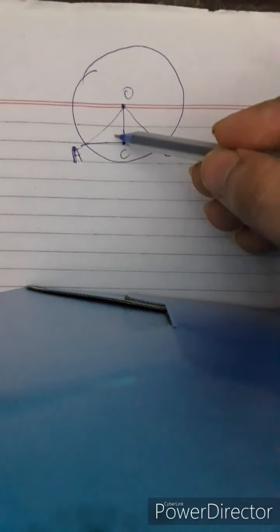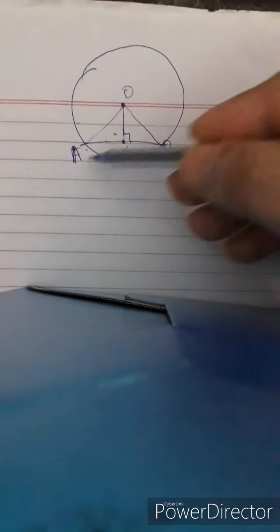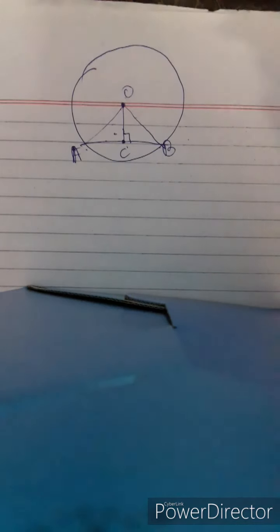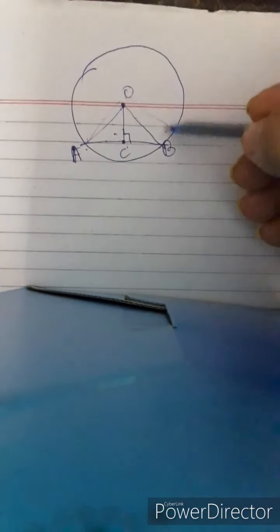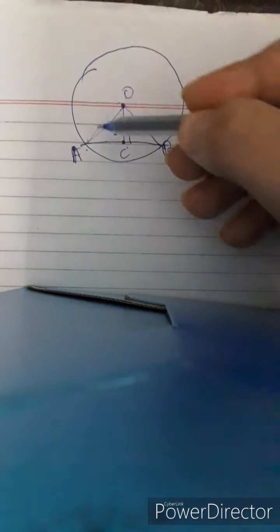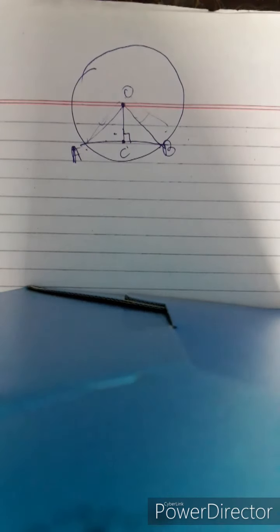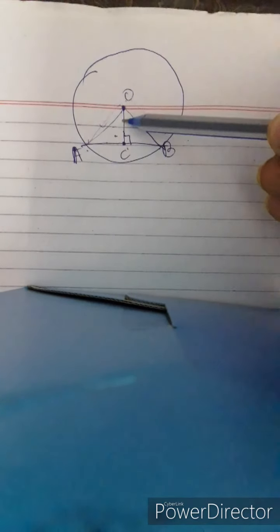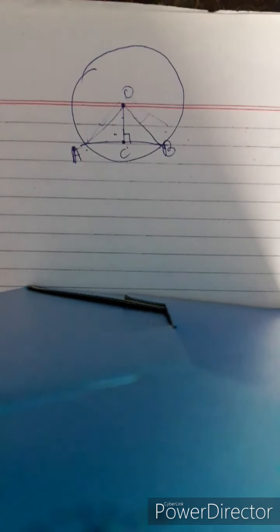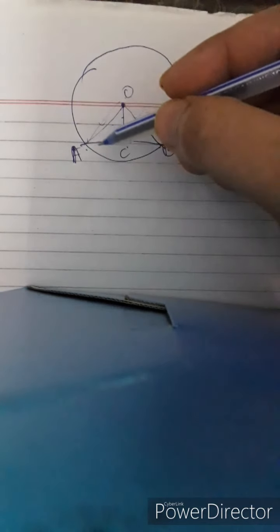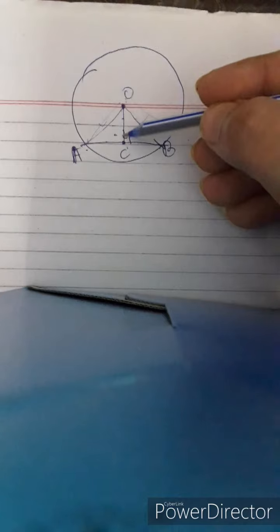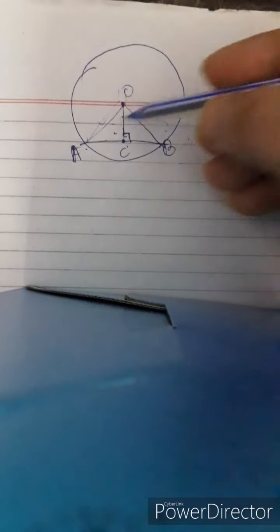So how do we do that? Again, taking these two triangles ACO and BCO, we have to prove the congruency. How do we do that? OA equals OB, since these two are the radii of the circle. OC equals OC, since this is the common arm of the triangles, and it is given that ACO equals BCO, since both are 90 degrees, because OC is perpendicular to AB.